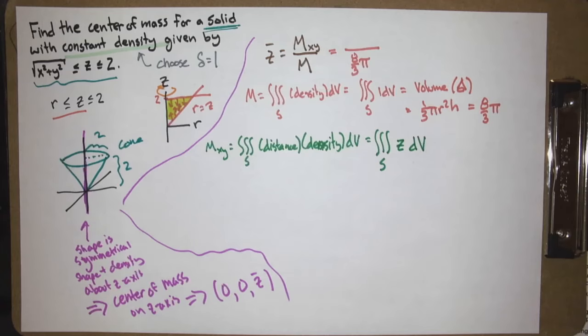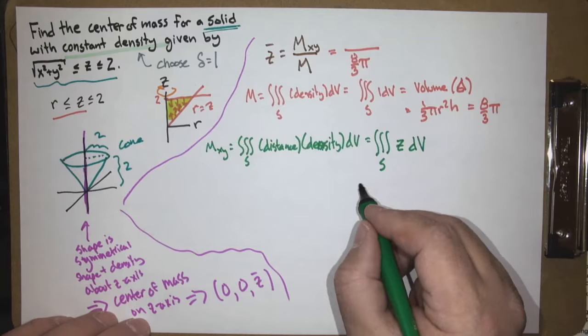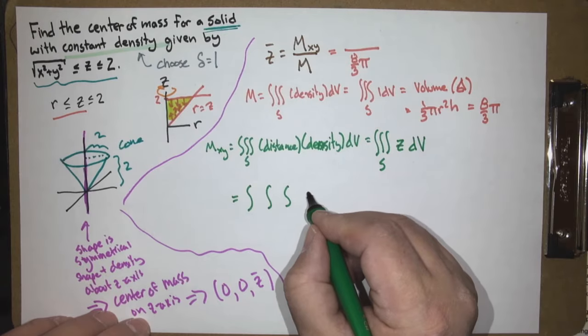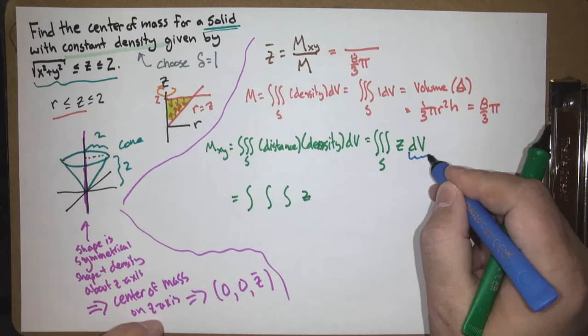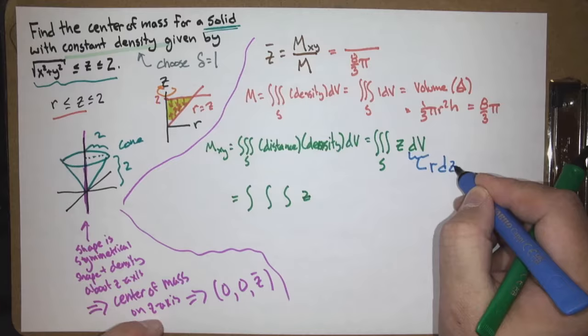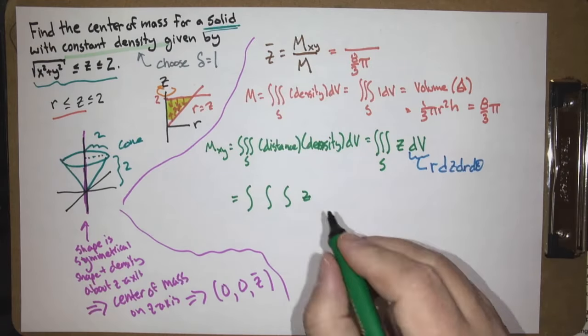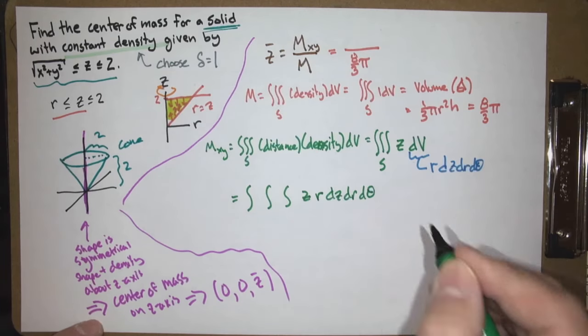And we're going to do this in cylindrical coordinates. So we say cool, integral, z, dv. We've already mentioned, this is r dz dr d theta.